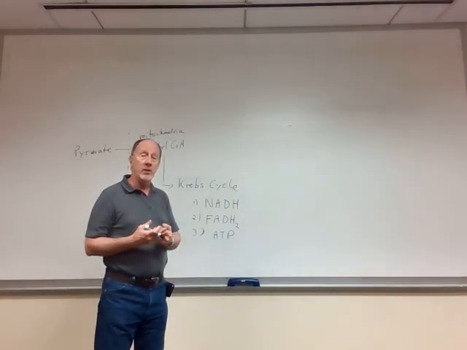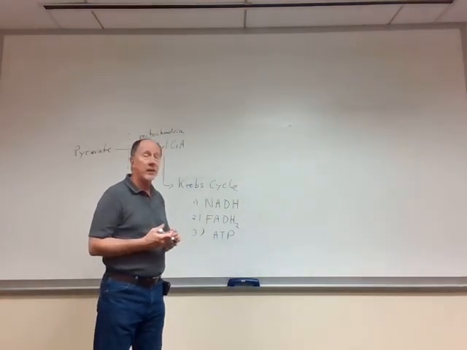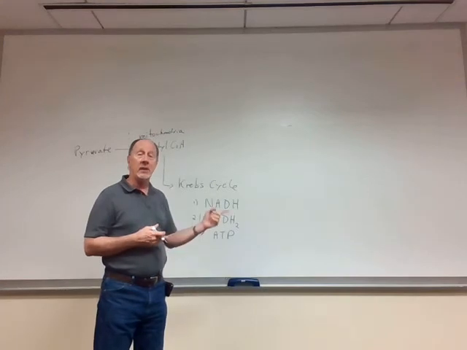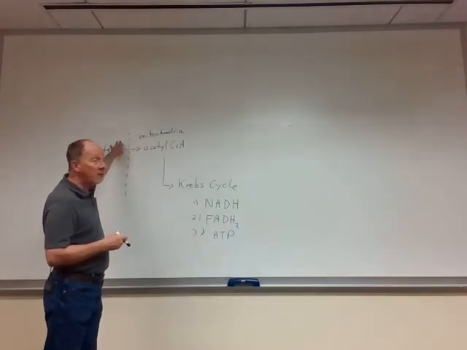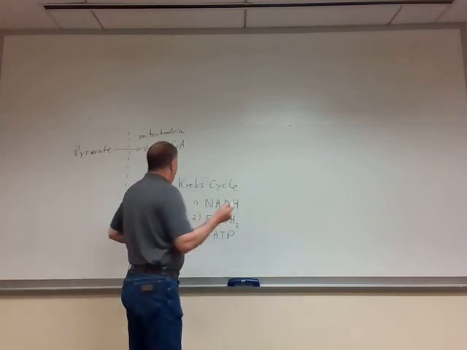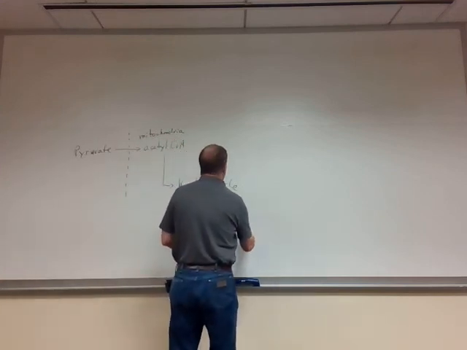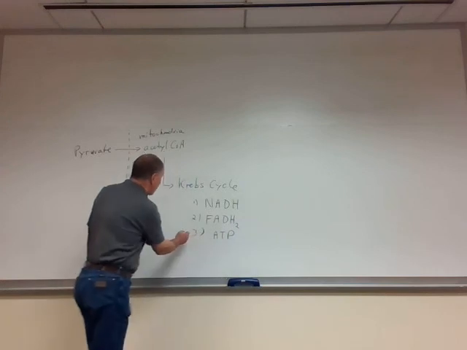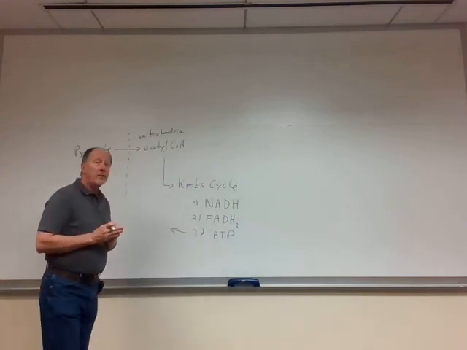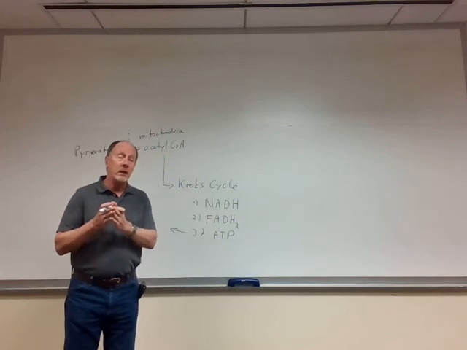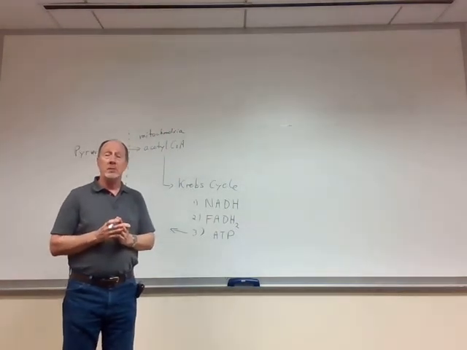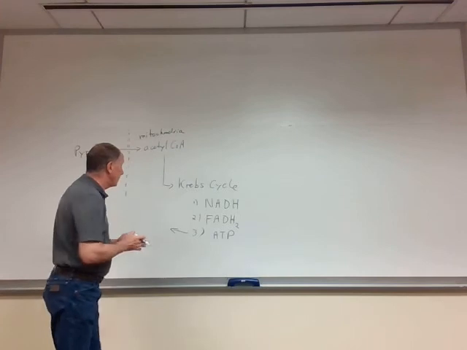They are going to shuttle electrons and energy to the same place that the NADH from glycolysis is going, and the same place that the NADH that was produced here is going to go. One thing about the ATP real quick, and I'm going to write this over here. The ATP that's produced by the Krebs cycle and by glycolysis is produced by substrate level phosphorylation.